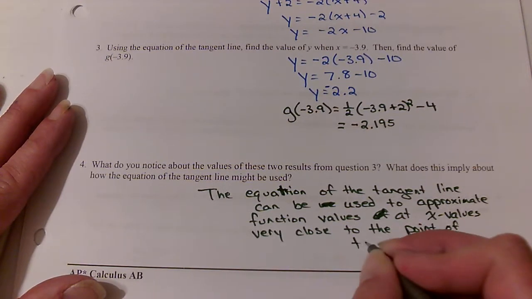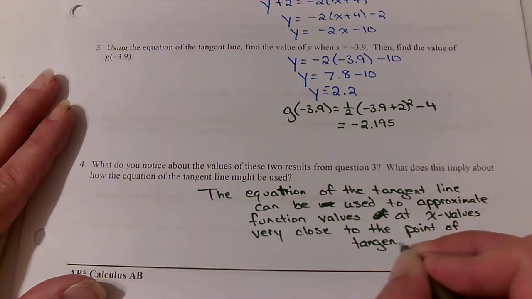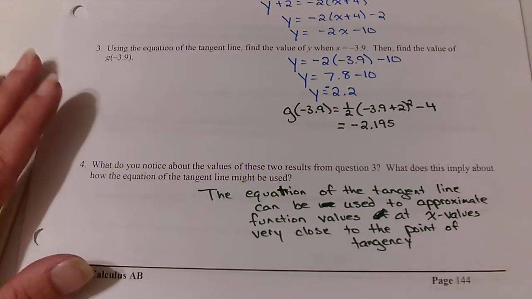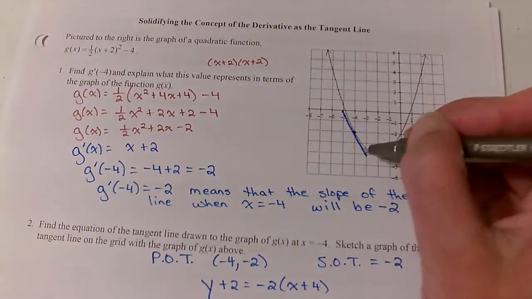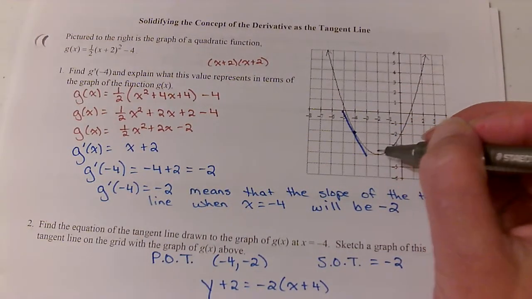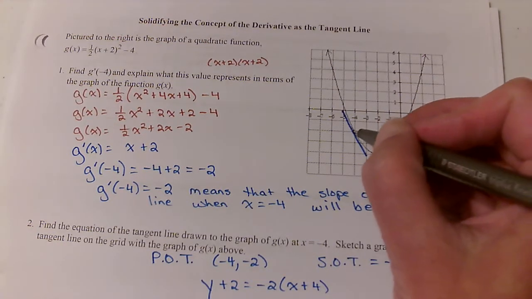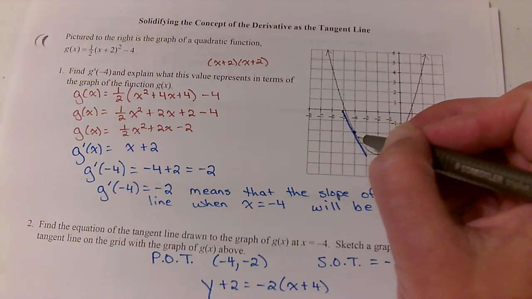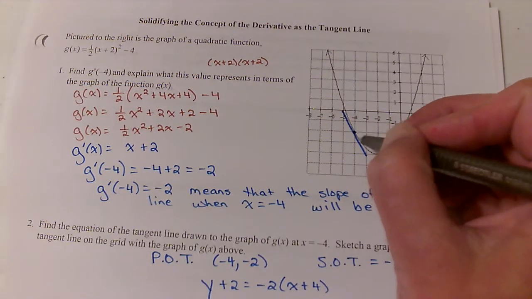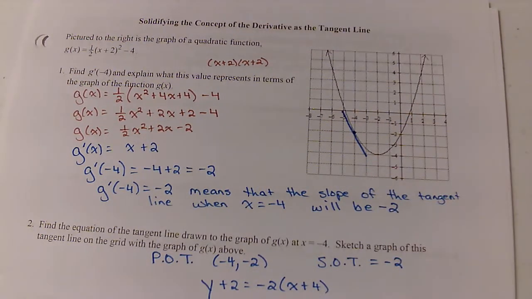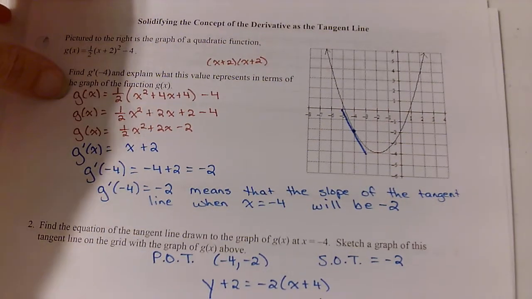And I want you to really think about why I have to say very close to the point of tangency. Would this line help us make good approximations of x values over here? No. But anything really, really close to negative 4, this tangent line could really help us make some good approximations.